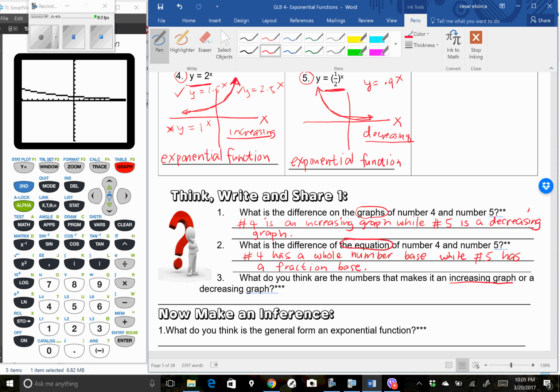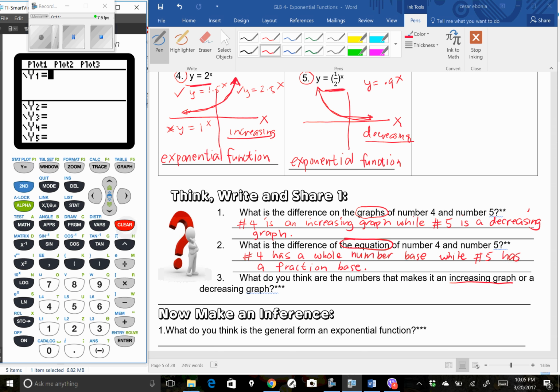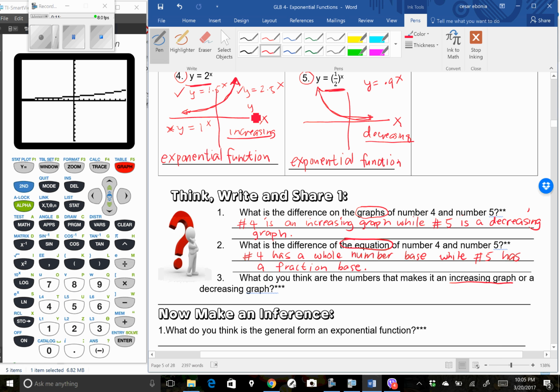What if I have 1.1? We have 1.1 exponent x. Let's graph. Okay, it looks to me still an increasing graph, so this is okay. So y equals 1.1 to the x is still fine.